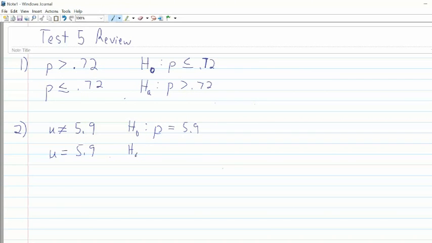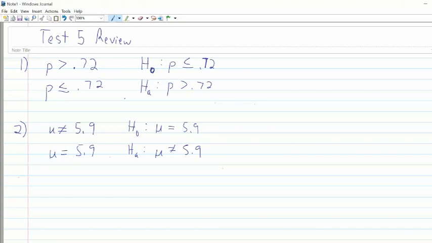And that leaves our alternate hypothesis to be mu is not equal to 5.9. So you just kind of have to sift through the information to find the null and alternate hypothesis.